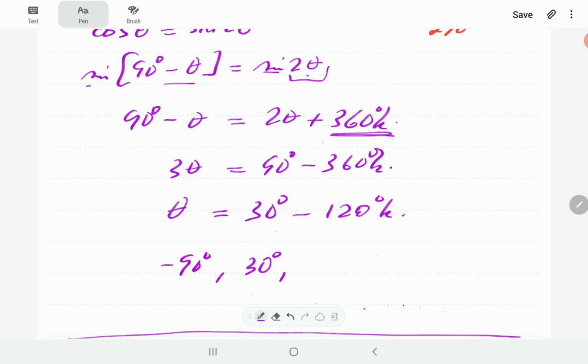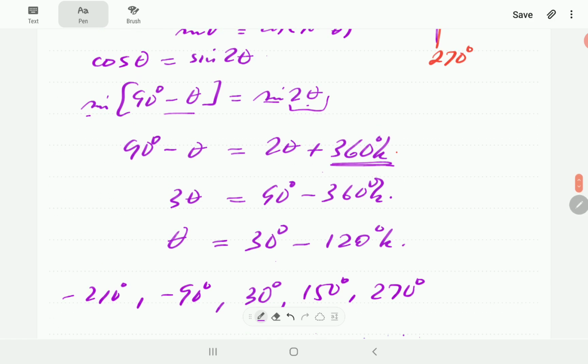And then if we subtract 120 again, we get negative 210. And then on the other side, if we say 30 plus 120, we are going to get 150. And then 150 plus 120, we're going to get 270.